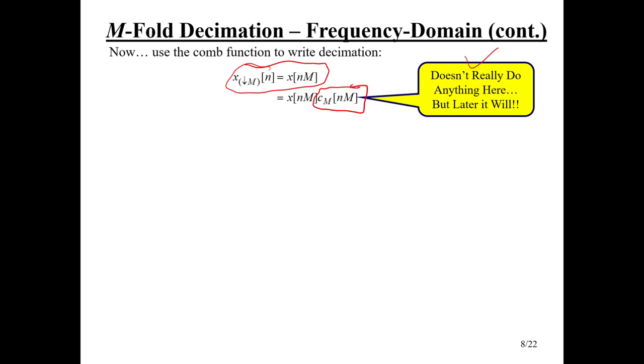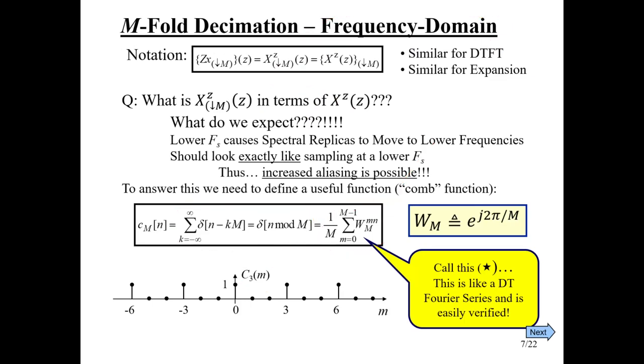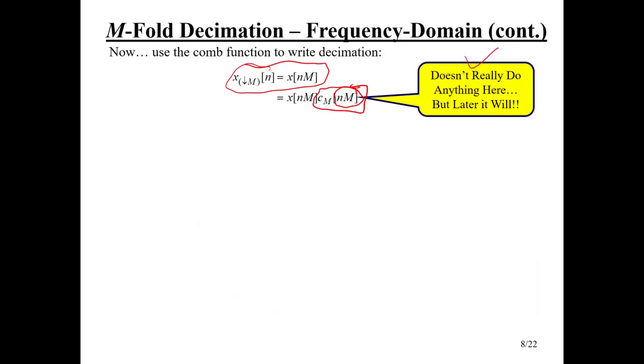And really that doesn't do anything because I'm jumping every M. So let's go back and look at this. If in this case M is equal to 3, if I'm jumping every M, I'm getting this one, jump, this one, jump, this one. It's all ones. So this is all ones. So it doesn't do anything when I multiply it by this. It does nothing.